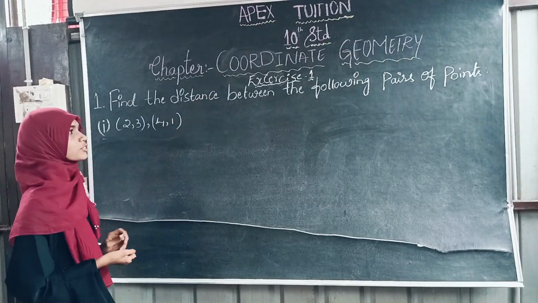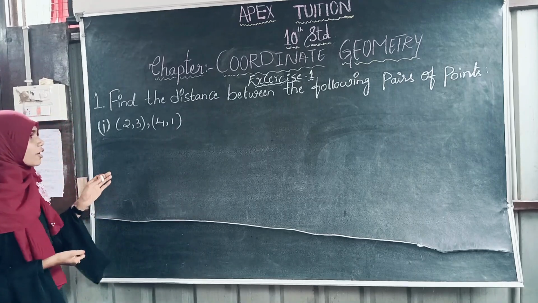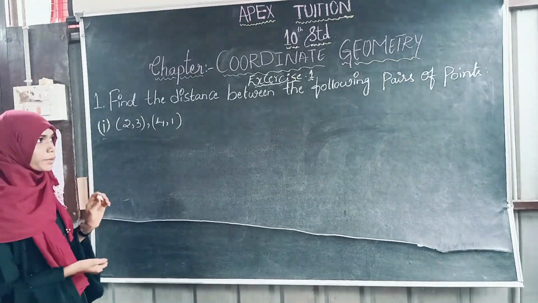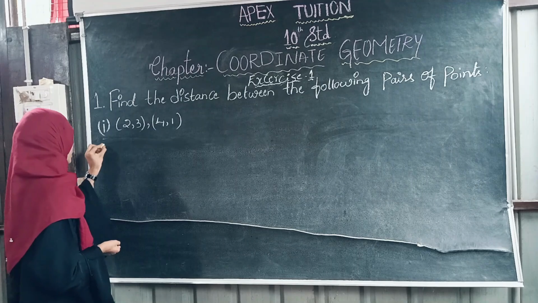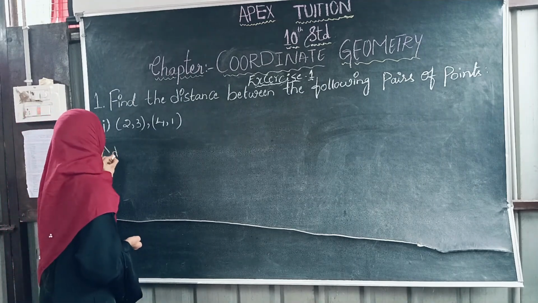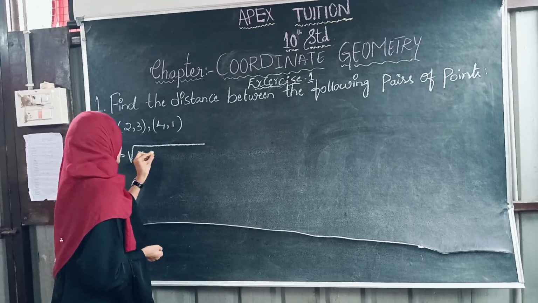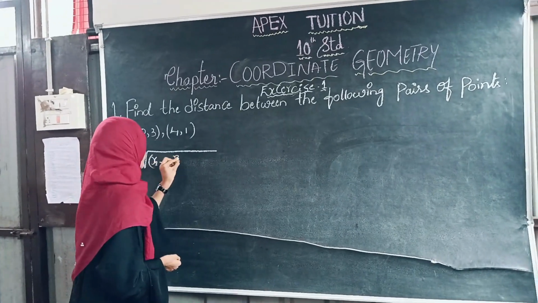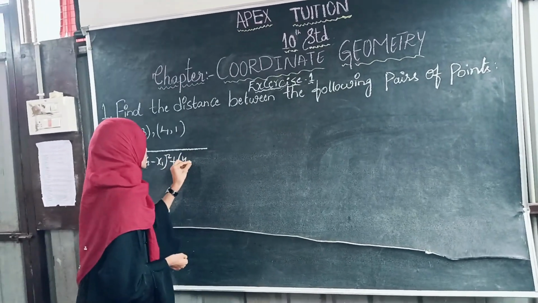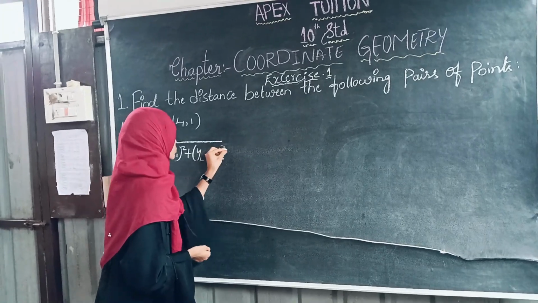Let's come to exercise 1. In this exercise, we have to find the distance between the following pairs of points. First, we write the distance formula. Distance formula is equal to root of (x2 minus x1) whole square plus (y2 minus y1) whole square.